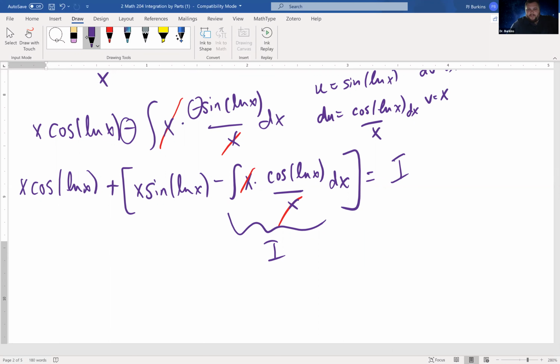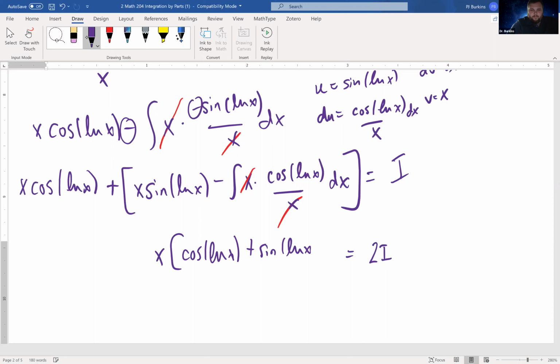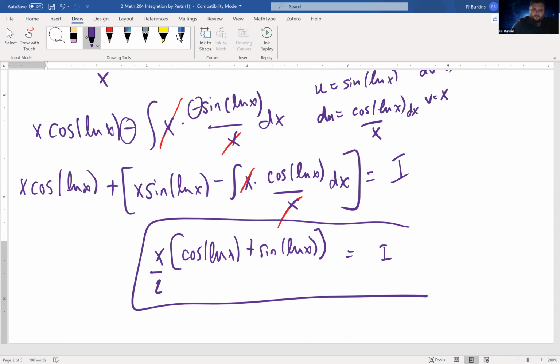If you move it to the other side, you get 2i. And on the right-hand side, we have x times the quantity cosine log plus sine log. So just divide by 2, and you're done.